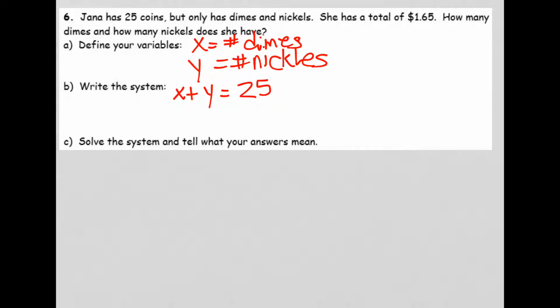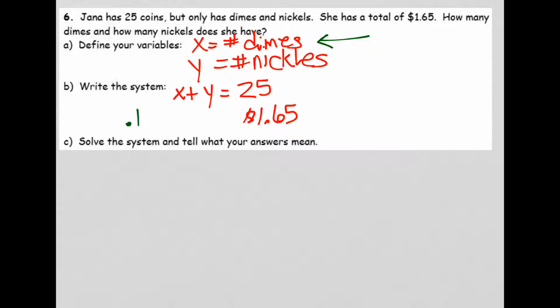Now she has a total of $1.65. Let's start putting some value on here for the money. How many dimes does she have? I don't know. But we called that x right up here. And so I know then that a dime is worth 10 cents.